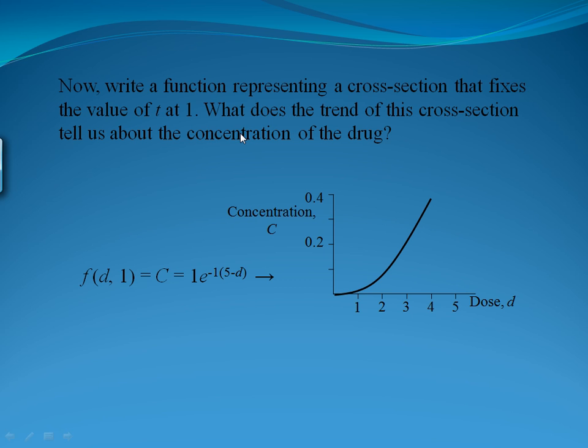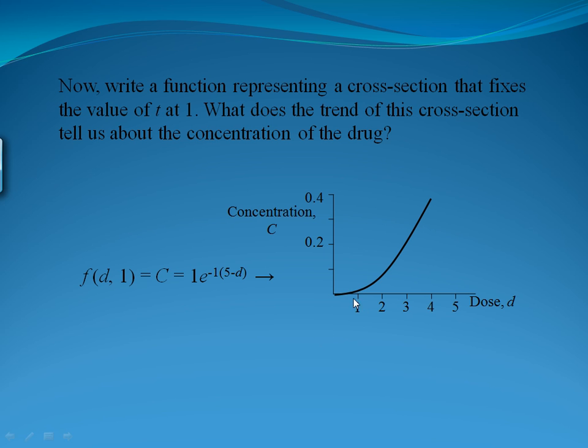When time equals 1, so after 1 hour, we have f of d comma 1, and our concentration is 1 e to the negative 1 times 5 minus d. If you graph this, you can graph it on your calculator, or the graph is provided here, we see that depending on the dose, as the dose goes up, the concentration in the bloodstream goes up.